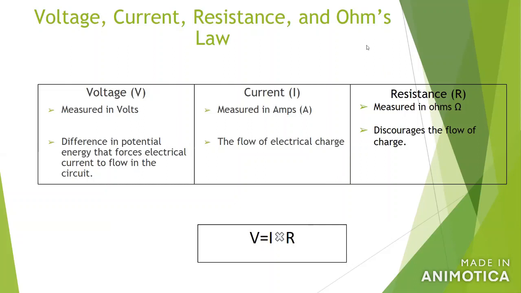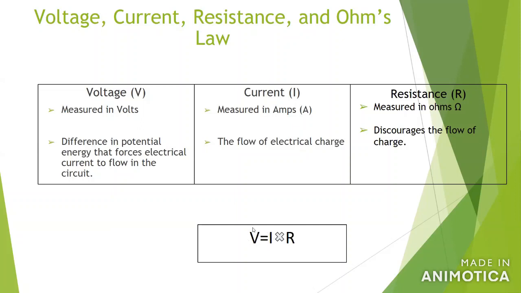These three values have a very simple relationship. It's called Ohm's law. This simple formula is Ohm's law. You can see voltage is equal to current times resistance: V = I × R. It's very simple.